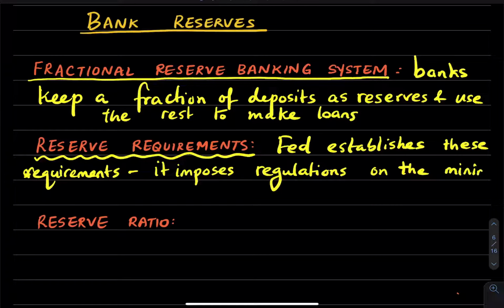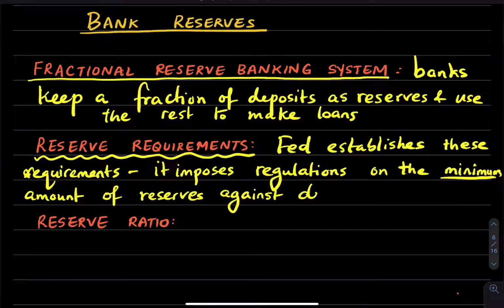This is important, that the Fed only says, well, you have to hold a minimum amount of reserves against deposits in banks. So banks can hold more than this minimum amount if they choose to do so.